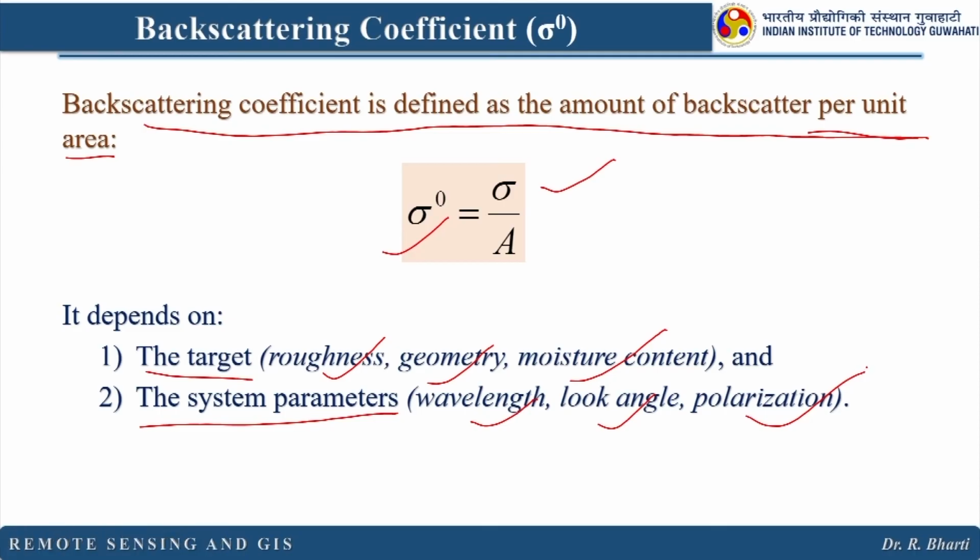So, if you are having different back scattering coefficient for the same target, that means either you have changed the target properties or the system parameters have changed.